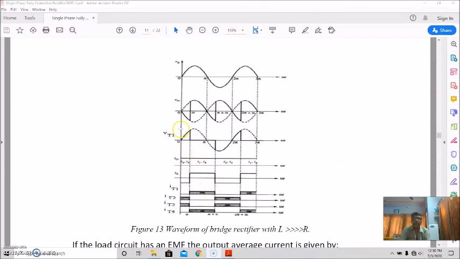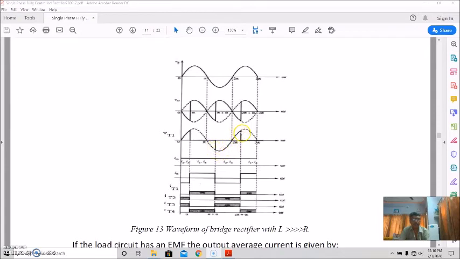Okay, so basically this is the figure for L is high. This is the output voltage, this is the voltage across thyristors. This is during the delay, this is during conduction. This is again the negative reverse blocking mode.